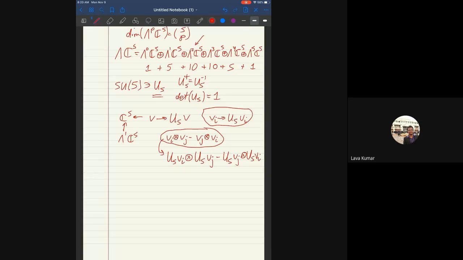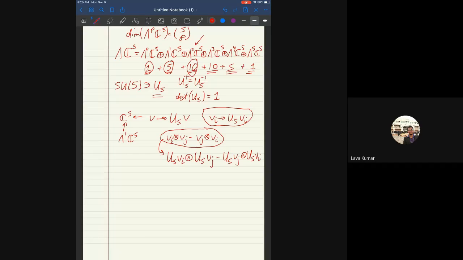And so in particular, each of these turns out to transform like one of the irreducible representations of SU5. This representation is what physicists call the 1, which is the trivial representation. This is the fundamental representation, or the 5. This is the representation called the 10.